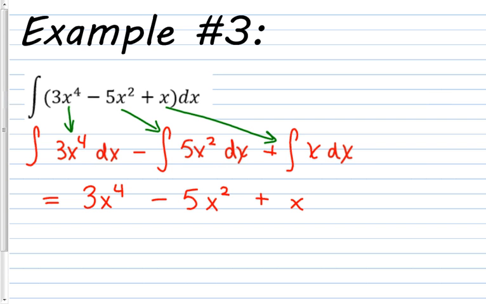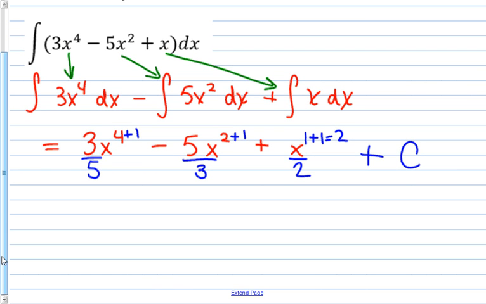And then what I'm doing to it, I'm adding 1, dividing by the new exponent. Adding 1, dividing by the new exponent. And this one has an exponent of 1. I'm adding 1, dividing by the new exponent. And then, of course, must not forget, plus c, because there could have been a number there. And then, if I write it properly, it's 3/5 x to the 5th minus 5/3 x cubed plus x over 2, or 1/2 x squared, plus c.